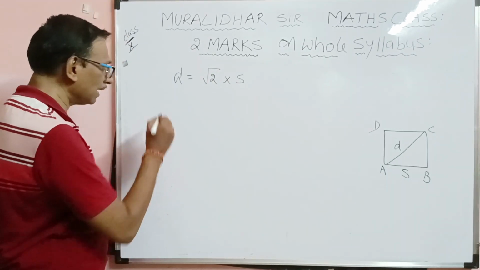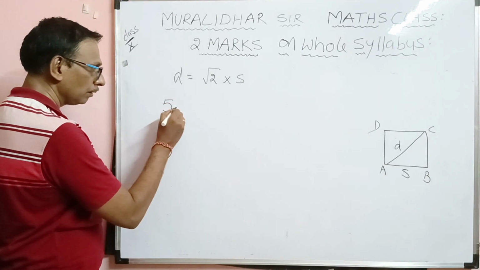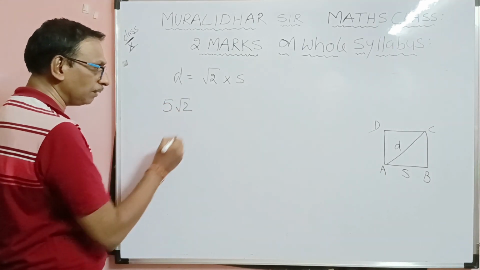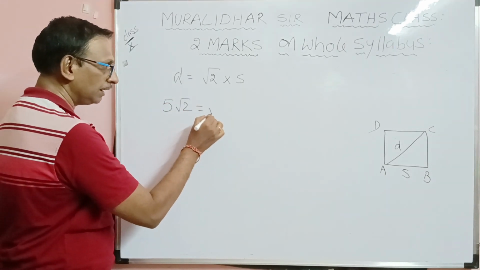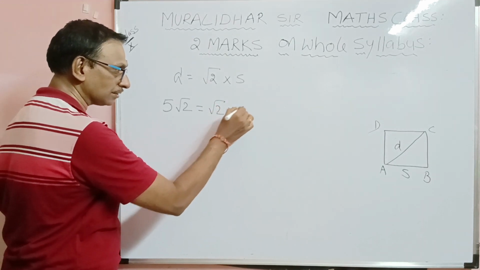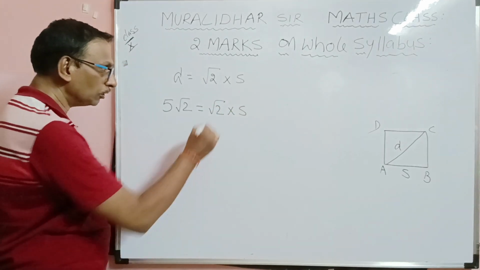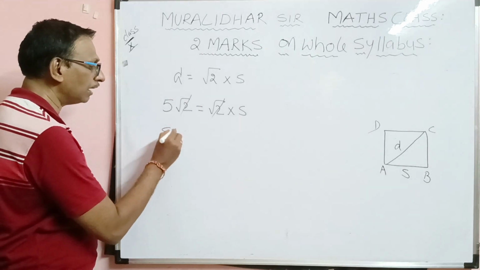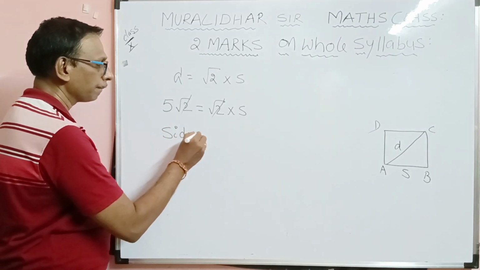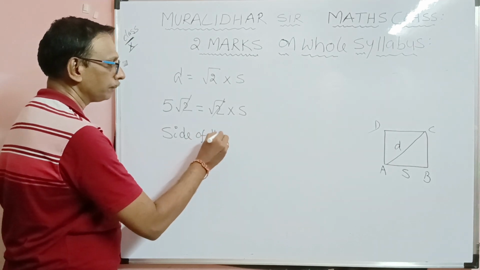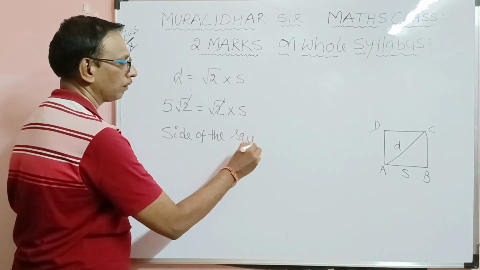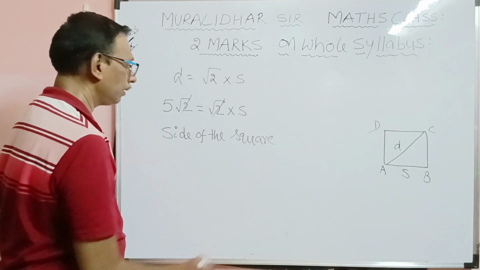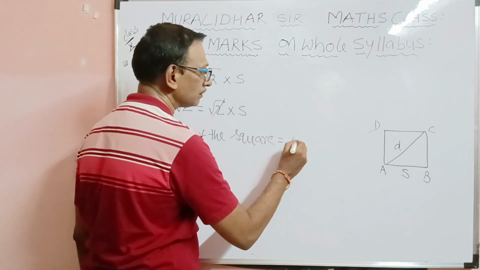But the length of the diagonal is given to you as 5 root 2 centimeters, that is equal to root 2 into s. On both sides root 2 cancels. Now the side of the square is equal to 5 centimeters.